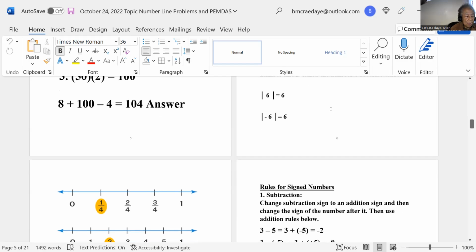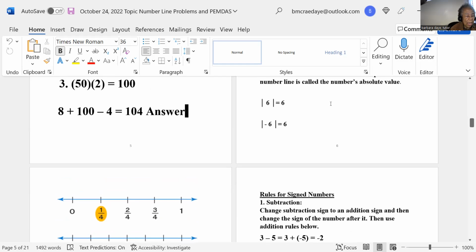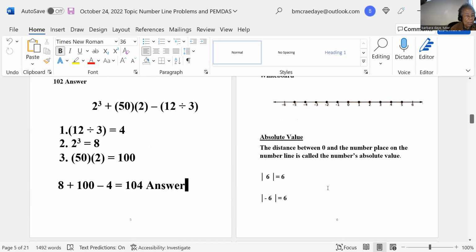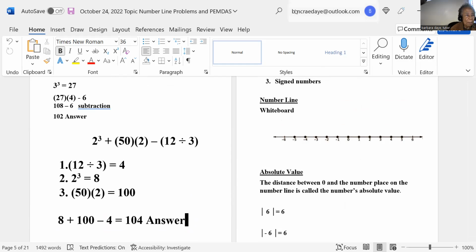Now let me go to the whiteboard because I want to go to fractions on the number line. Let me do a new share and go to the whiteboard, and let me draw a number line.